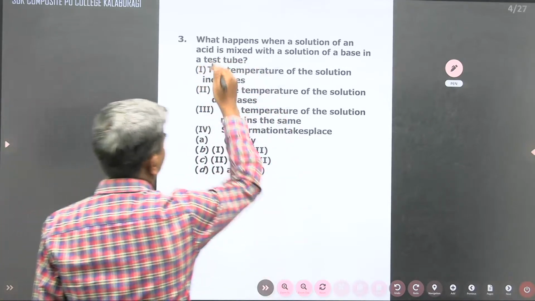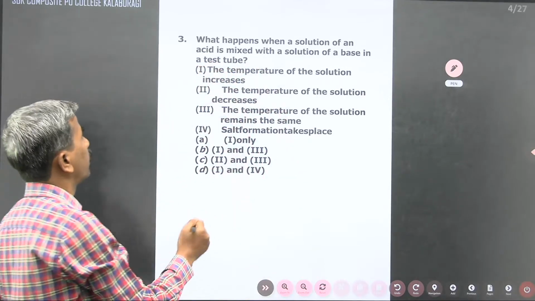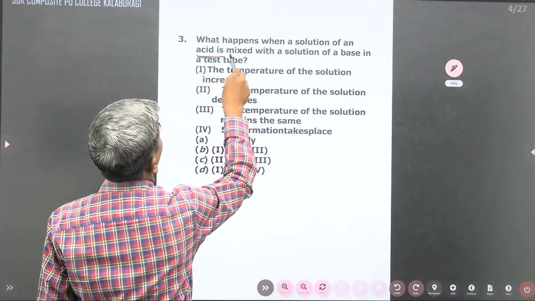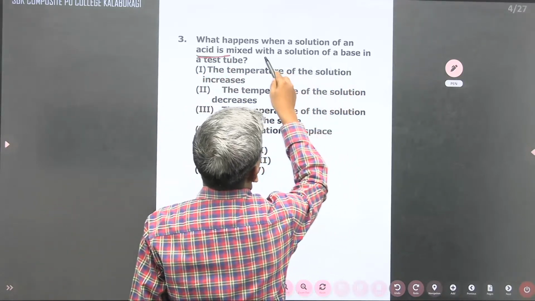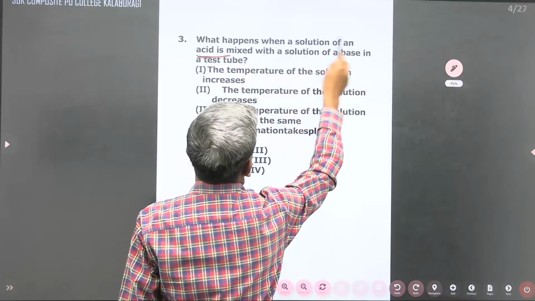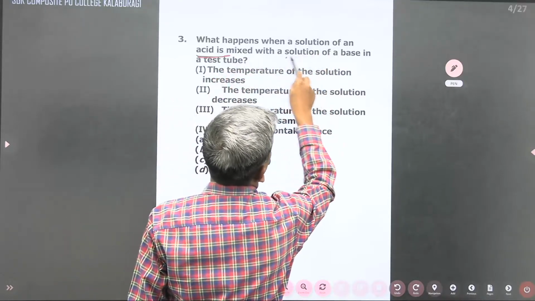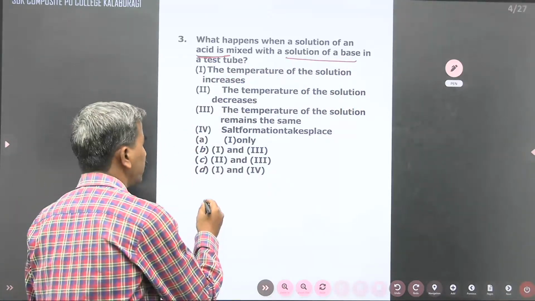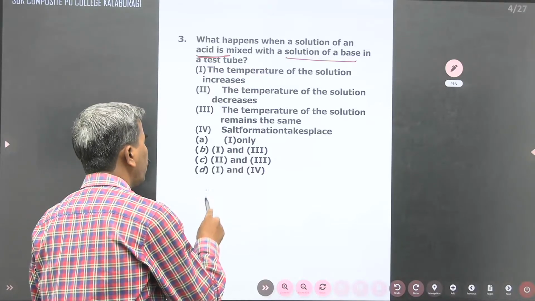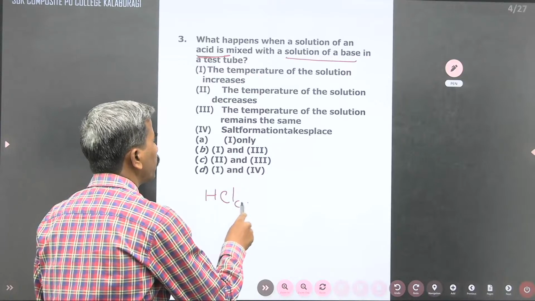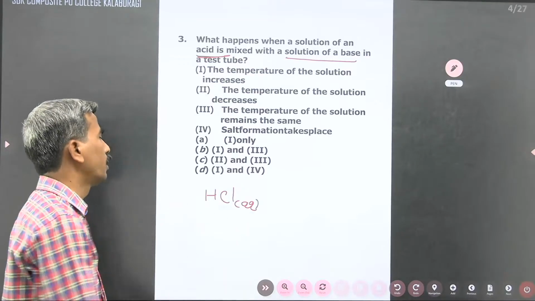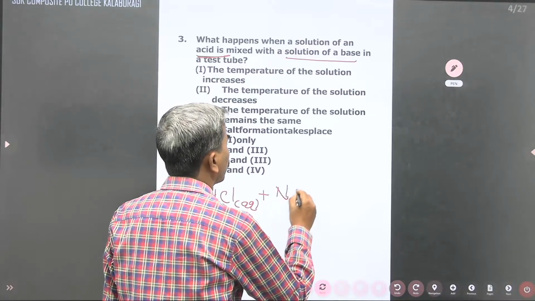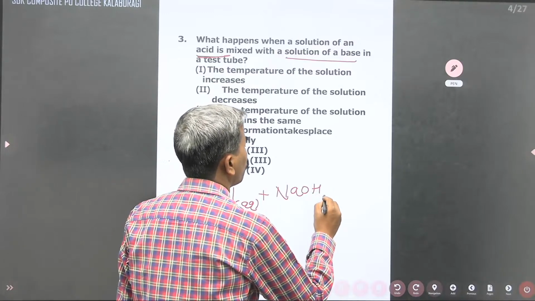For my convenience, I am taking a simple example: hydrochloric acid, an aqueous solution, when you mix it with sodium hydroxide, which is also an aqueous solution.